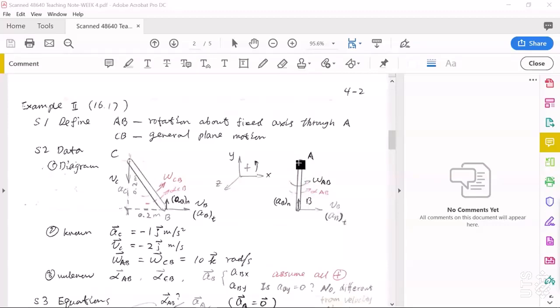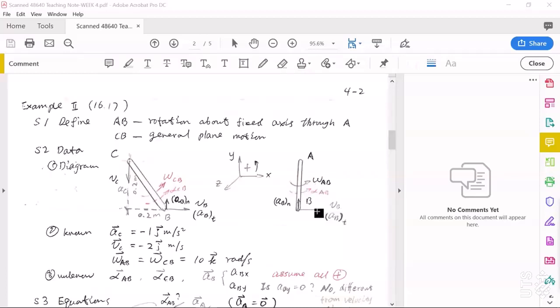For link AB, at this instant it is vertical. The direction of omega AB is already known, so this means the direction of vB can be easily determined. It should be horizontal to the right side. Its angular acceleration alpha AB at this moment is unknown. We just simply assume it's positive, counterclockwise.